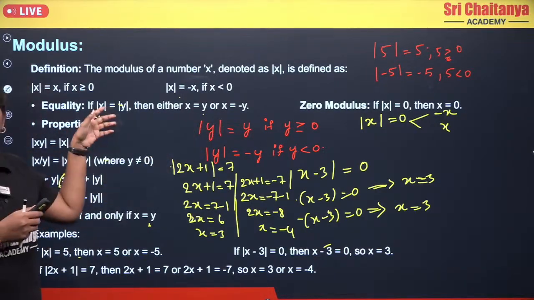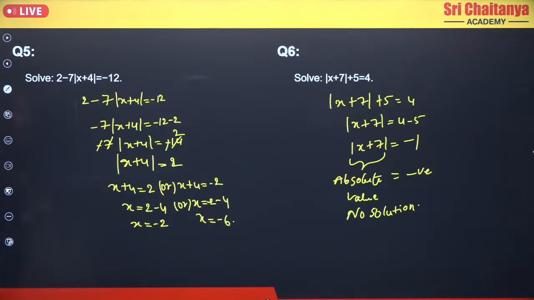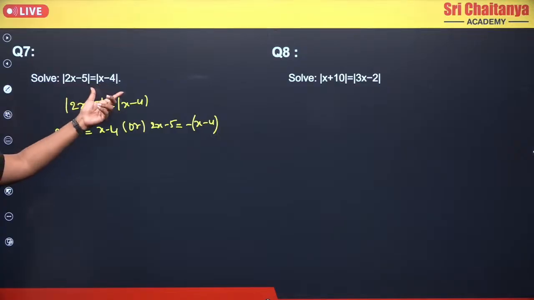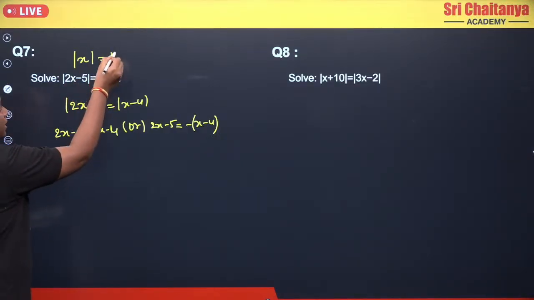The same property we are going to use in this problem, where we have modulus of 2x minus 5 equals modulus of x minus 4.